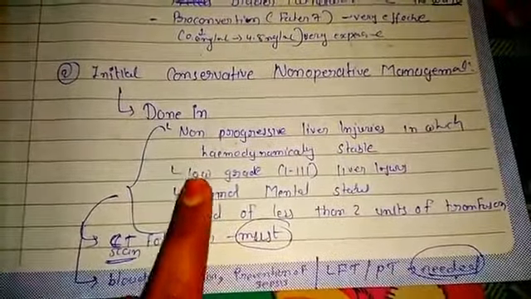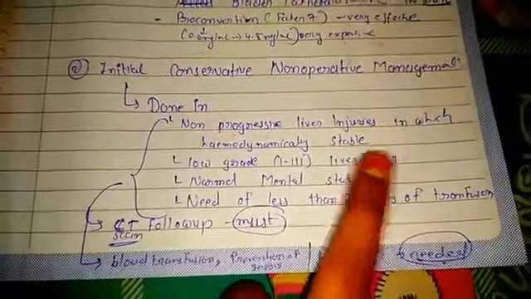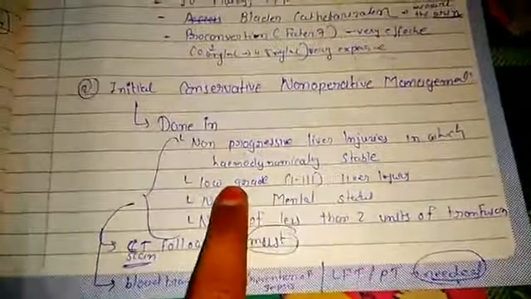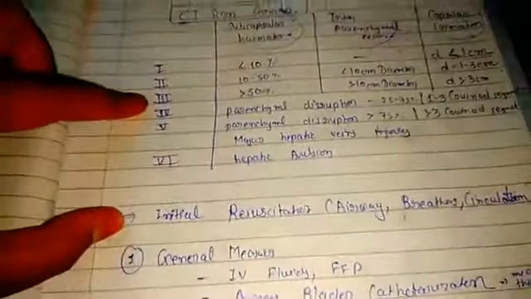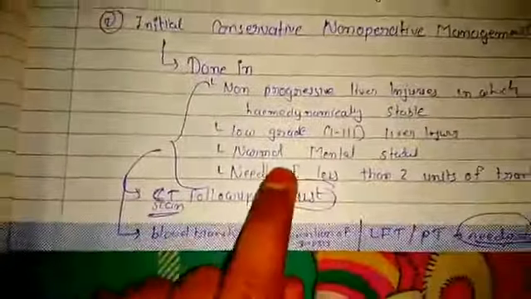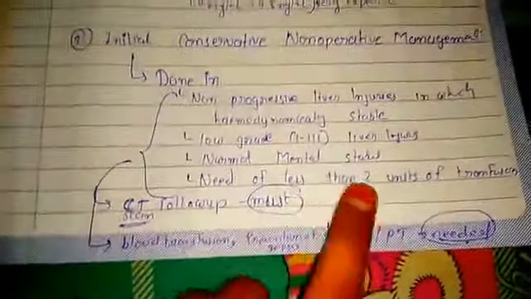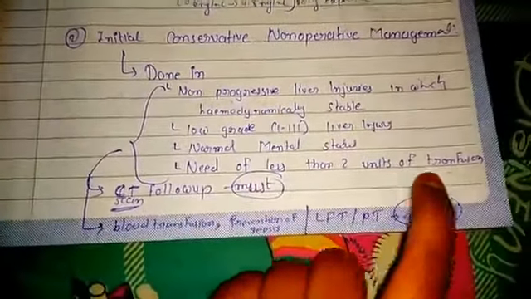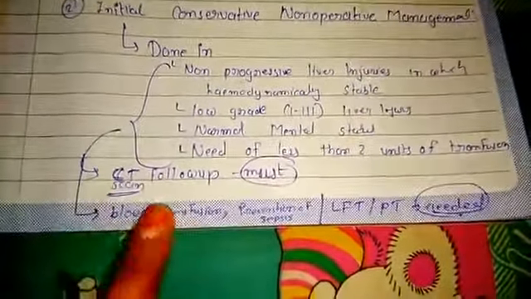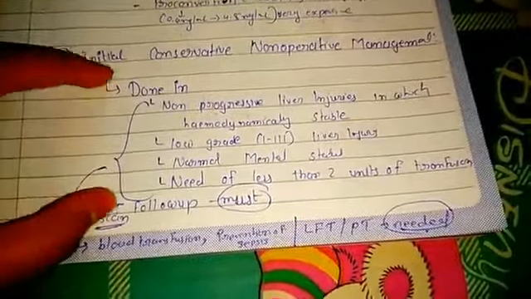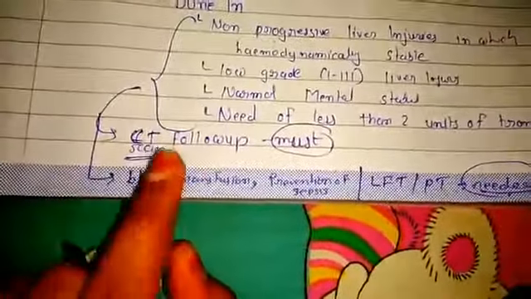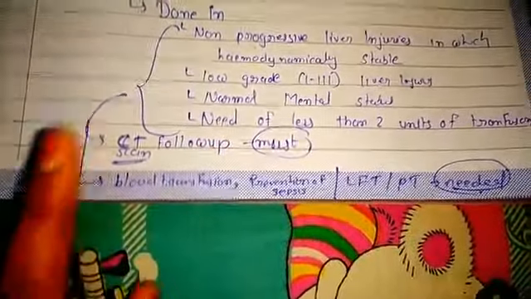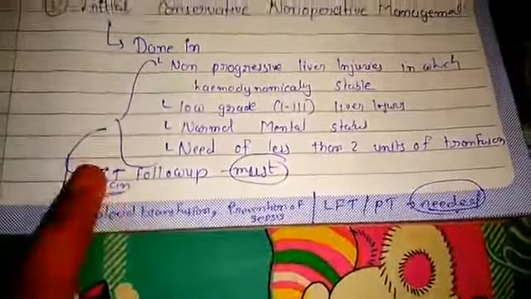Then lower grade, grade 1 to 3 liver injury, low grade meaning categories 1 to 3. Then normal mental status, and the need of less than 2 units of transfusion. These patients go for CT scan follow up: first a CT scan and then a follow up CT scan.